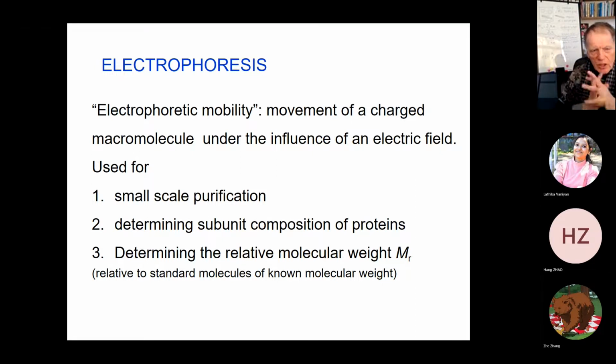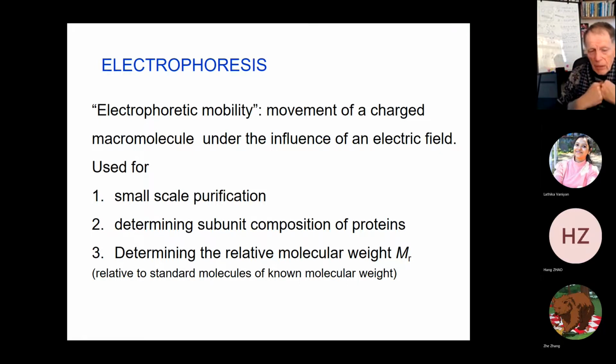If you've got net charge on the macromolecule of protein, or you could have a nucleic acid, which has lots of negative groups due to the phosphodiester, the phosphate carbohydrate backbone, then that will have a large negative charge that will move under the influence of electric field.